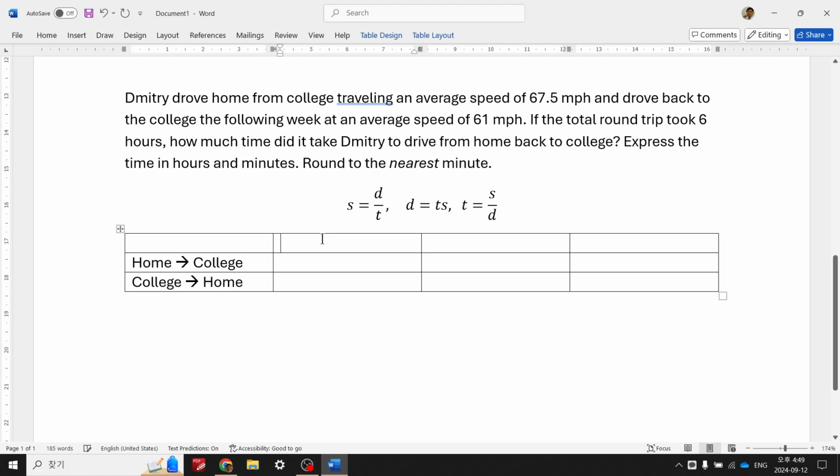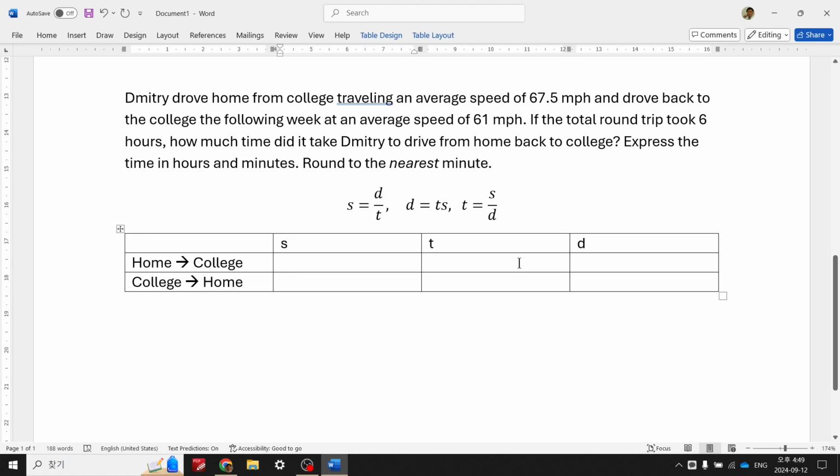Okay, and then for each direction, what are we looking at? Speed, time, and distance, right? You don't have to follow this order. You could put distance, time, and speed in any order. Just do that. And then we have to start populating these things.